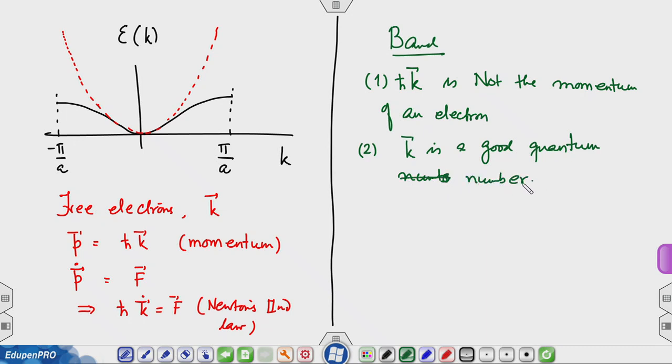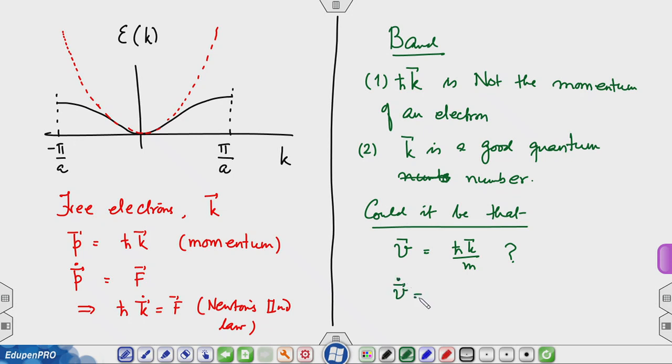That means it specifies the quantum state of an electron. So, could it be that the velocity of the electron is still given by h cross k by m? I am asking that question. Could it be that v dot is F over m, or h cross k dot is equal to F? And we will be answering these questions.